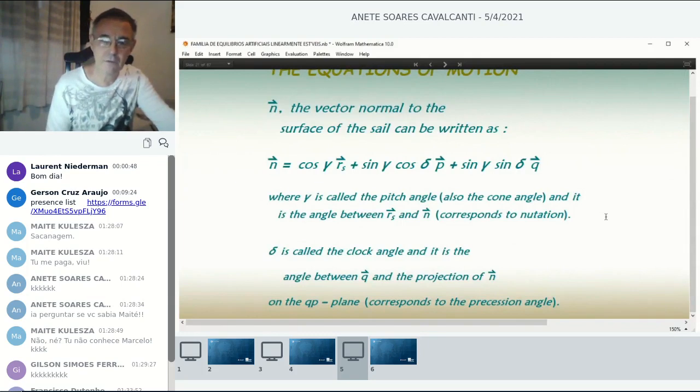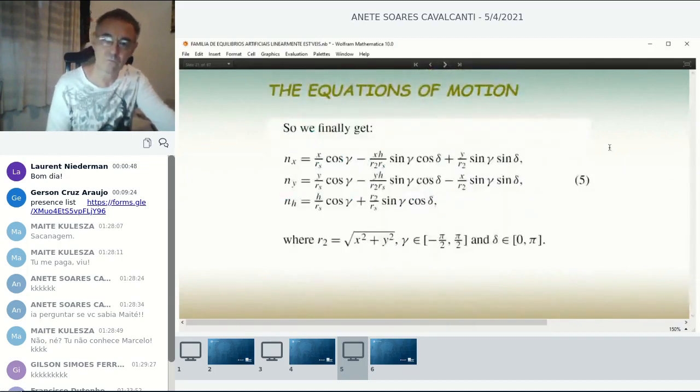Delta is called the clock angle, and gamma is called the pitch angle, also the cone angle. The gamma corresponds to the nutation, and the clock angle corresponds to the precession angle. Okay, so finally you get these weird expressions for the coordinates of the normal vector.